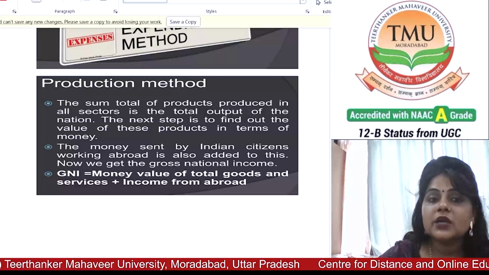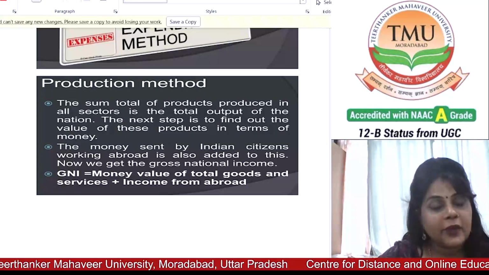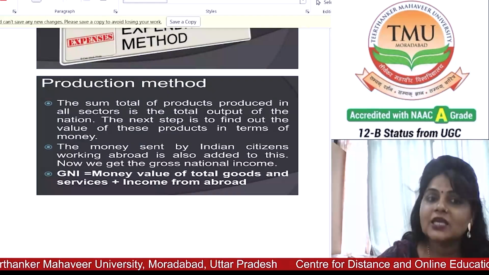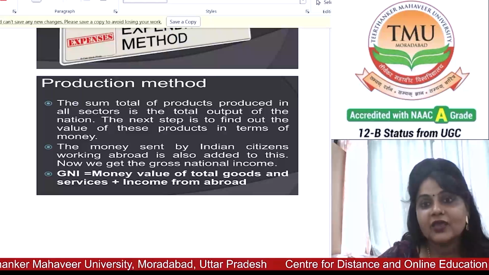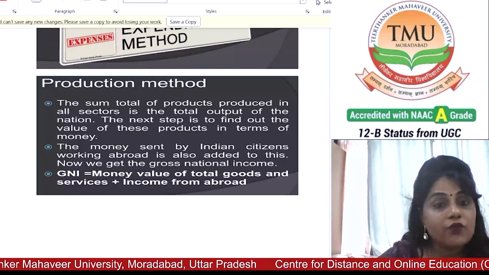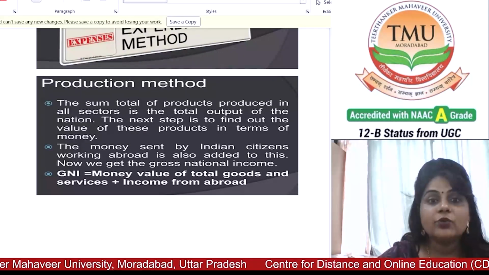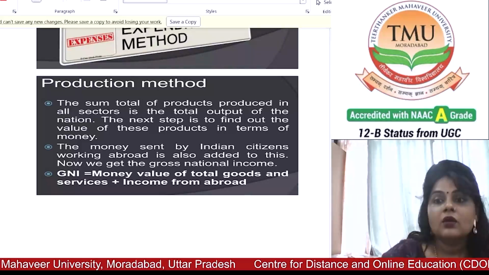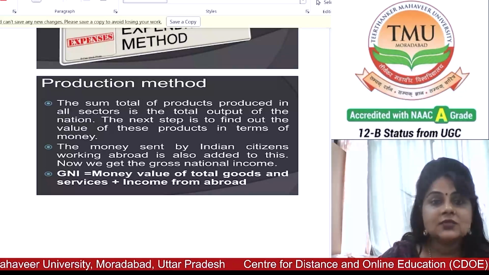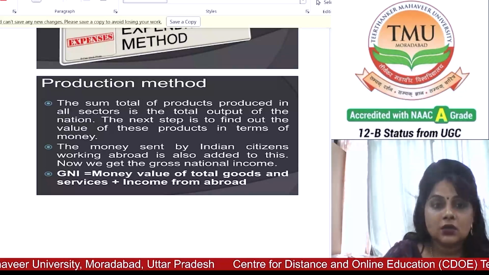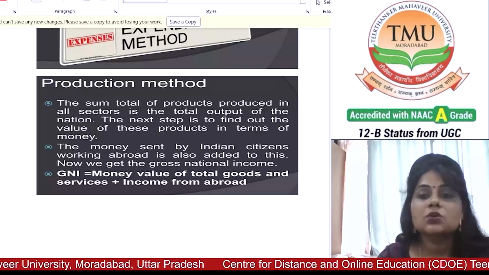Value of output is equal to quantity multiplied by price plus change in stock. I think you have to understand what the value of output is.